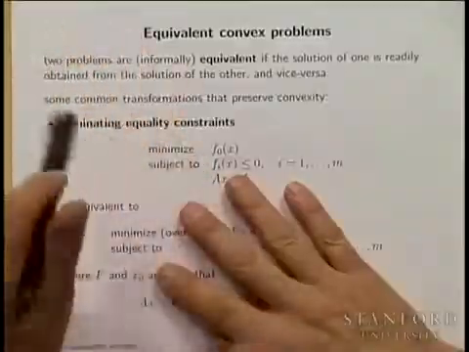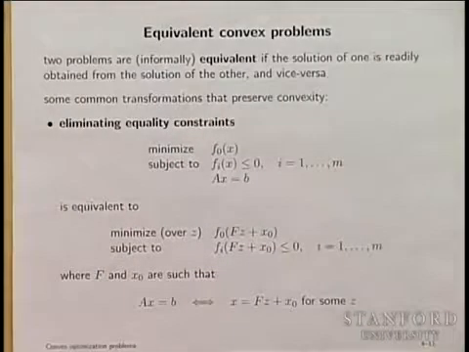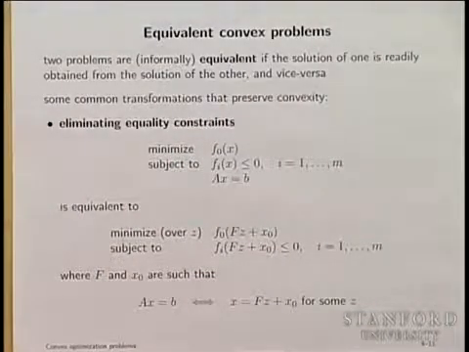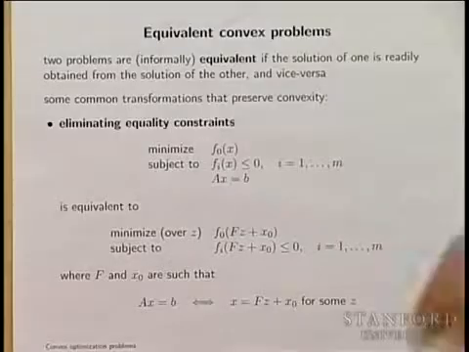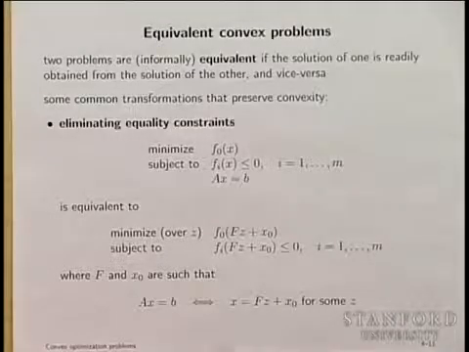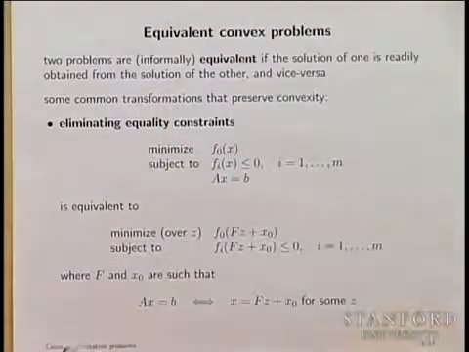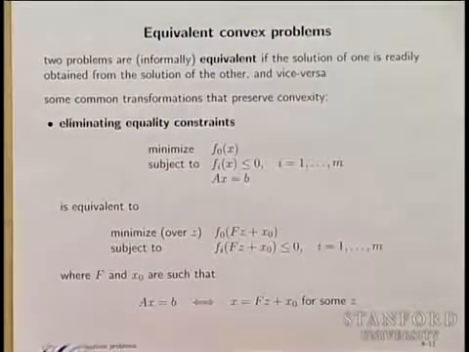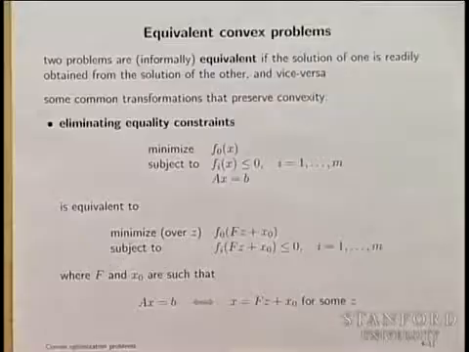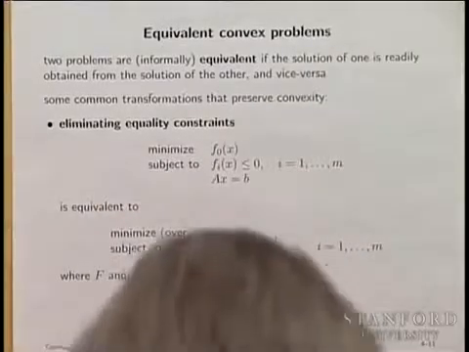Next topic is equivalent convex problems. As I said, we're going to use an informal notion of this. You say that they're equivalent if the solution of one is obtained, with modest effort, from the solution of another. And what we'll do is just give a bunch of common transformations that would preserve equivalence. Just examples to give you a rough idea.